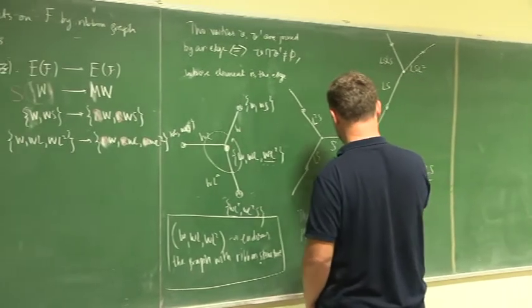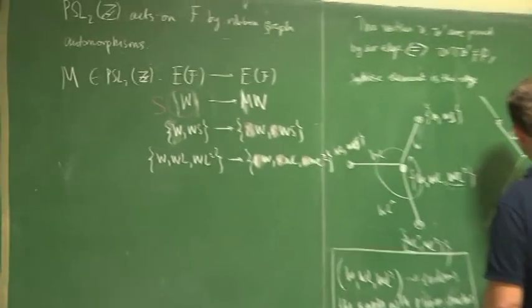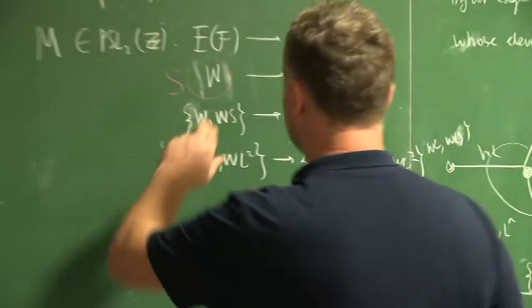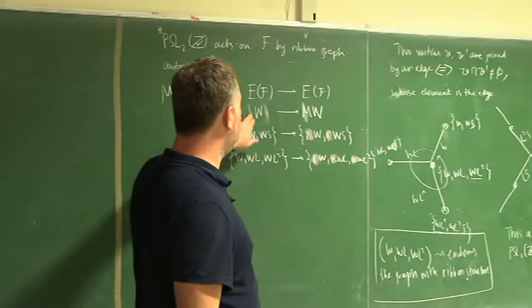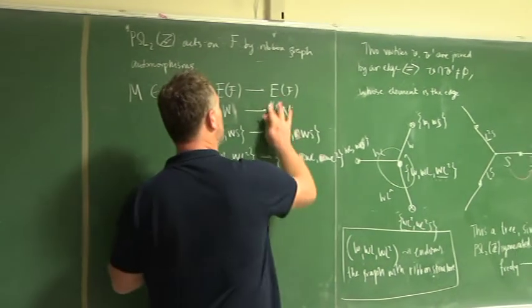First of all, the edge named S is sent to the edge named I, isn't it?